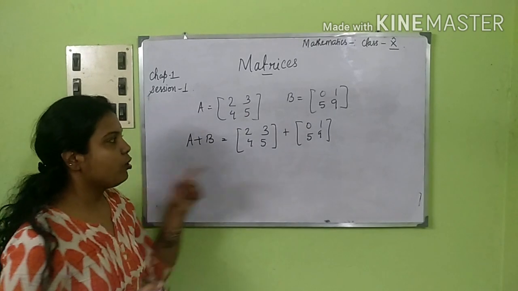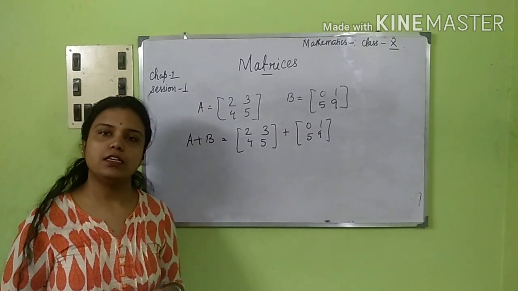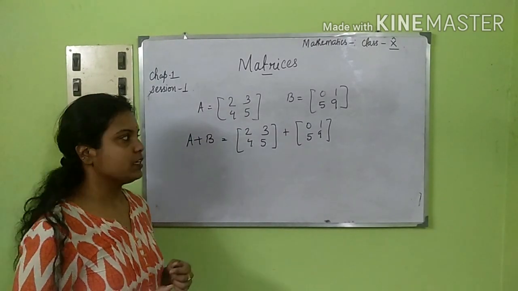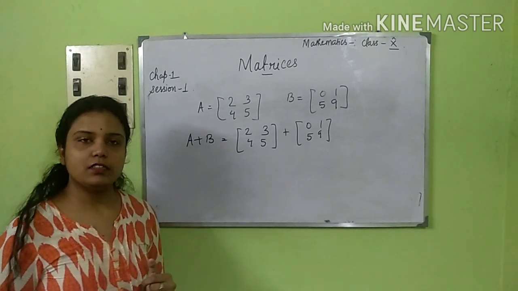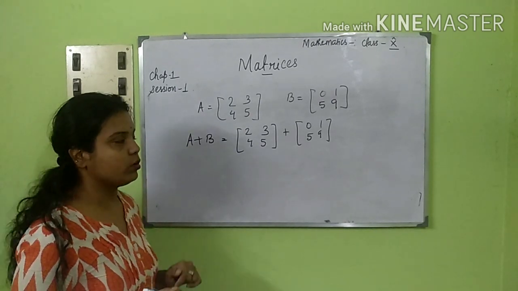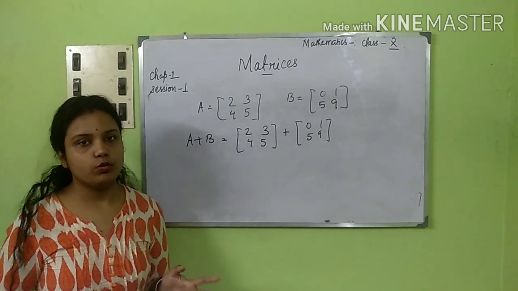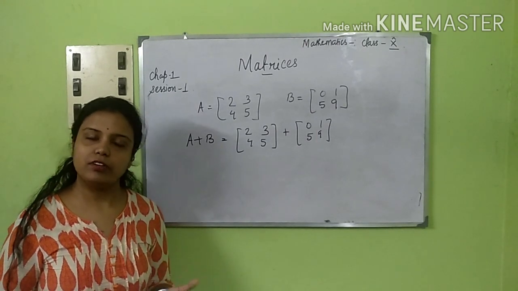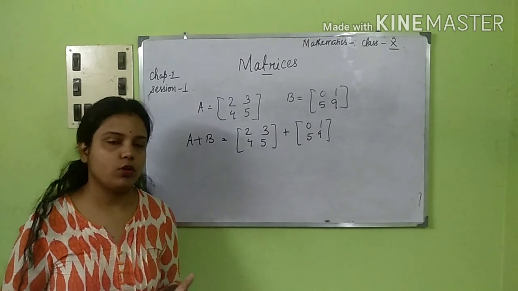Now the orders of these two matrices, as you can see, are equal, right? Now you might ask the question, if the orders were not equal, can we still add the matrices, or is it that we cannot add?